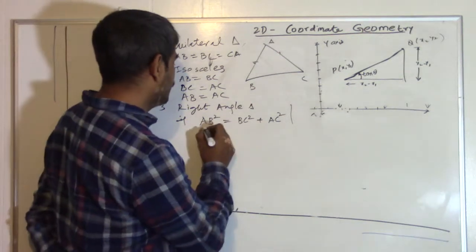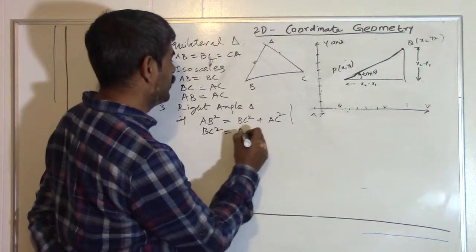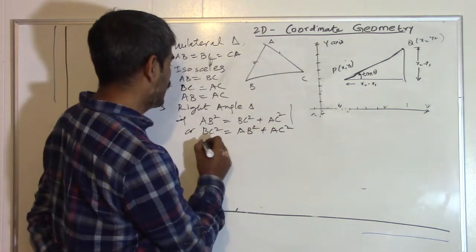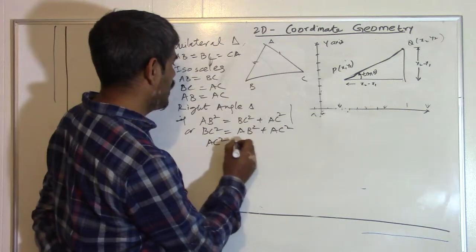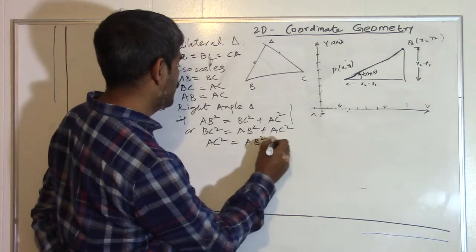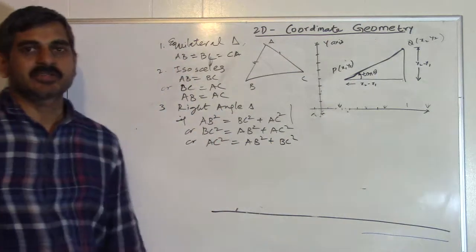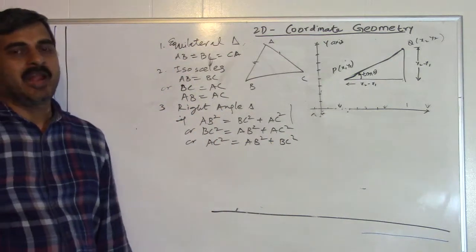But it can also happen that BC square is equal to AB square plus AC square, then also it will be a right angle triangle, or AC square is equal to AB square plus BC square. If any of these 3 conditions are satisfied, then the triangle will be right angle.